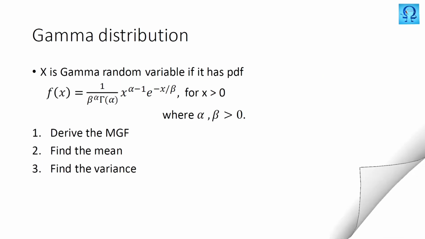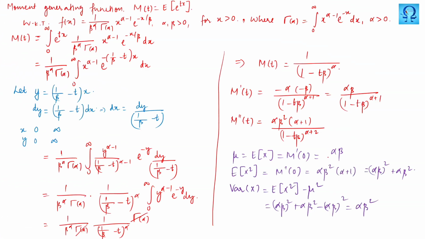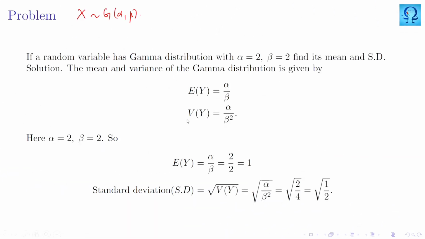When your beta is replaced with 1 upon beta, your mean would be alpha upon beta, and here the variance would be alpha upon beta square. It all depends on what PDF you are following. Here, mean is given in this form and variance in this form.